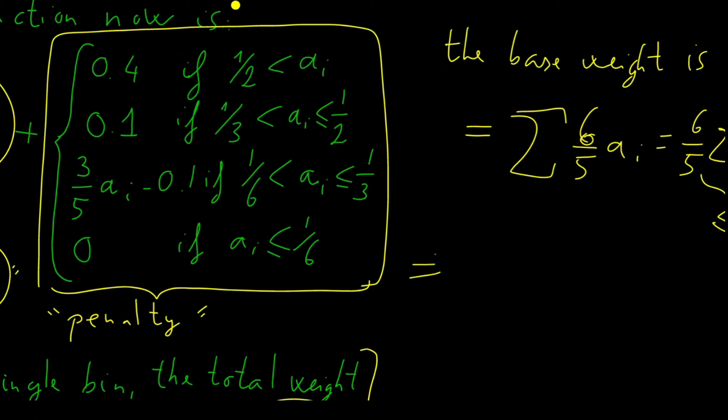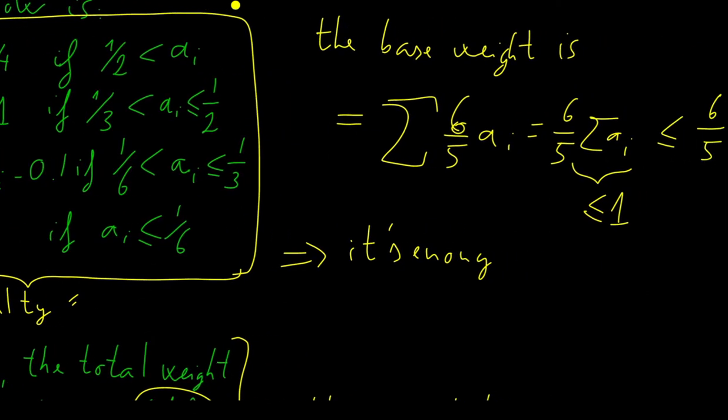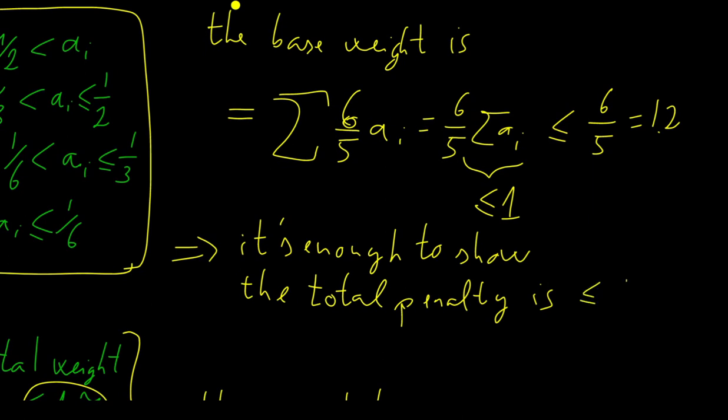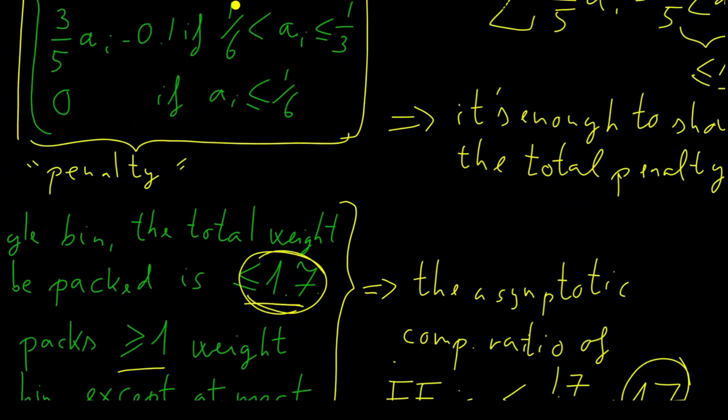So that's why it's enough to show that the total penalty is at most 0.5, because 1.2 plus 0.5 is 1.7, which we just want to prove.